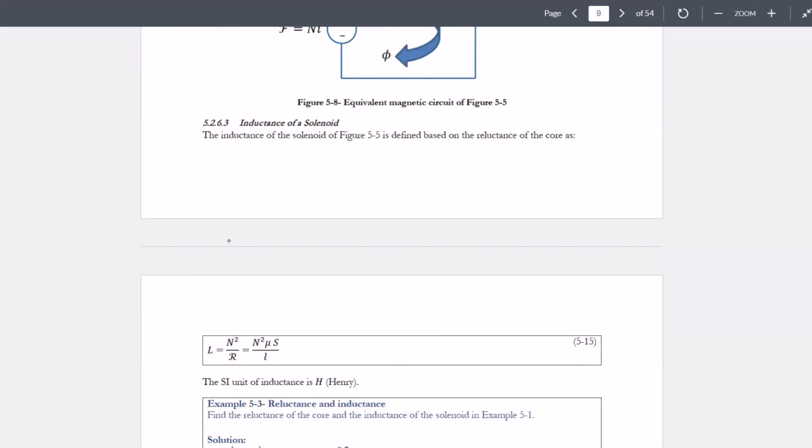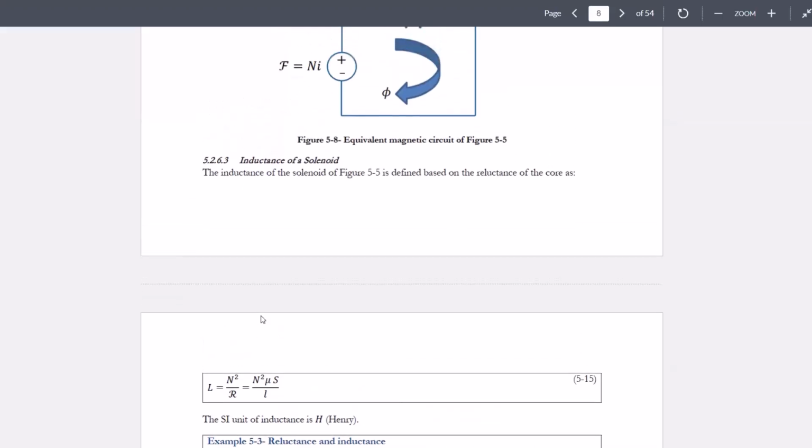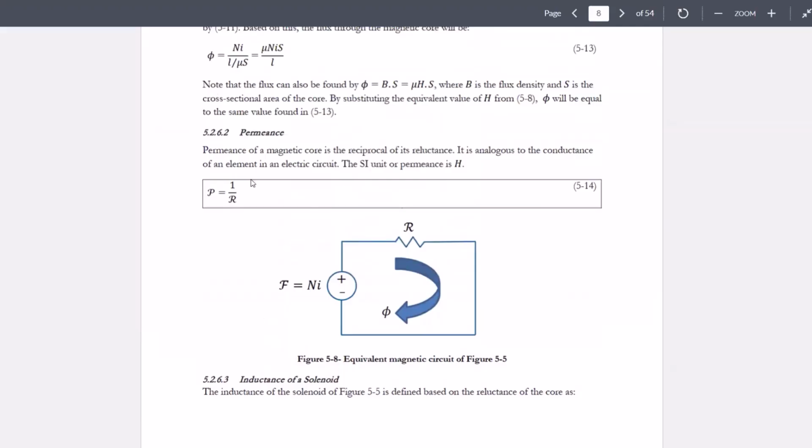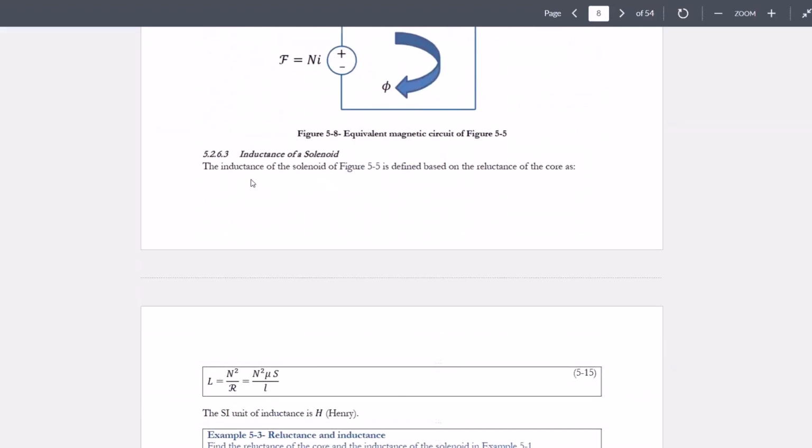The inductance of a certain reluctance would be equal to N squared over that reluctance. If you have a winding and a certain reluctance where the winding is wrapped, then N squared over that reluctance would be equal to the inductance. The unit of inductance would be the same as the unit of permeance. The unit of permeance is Henry, so the unit of inductance would also be Henry.